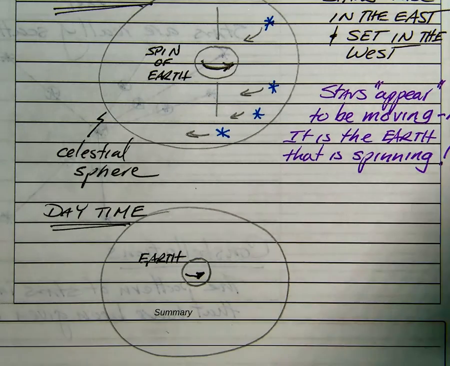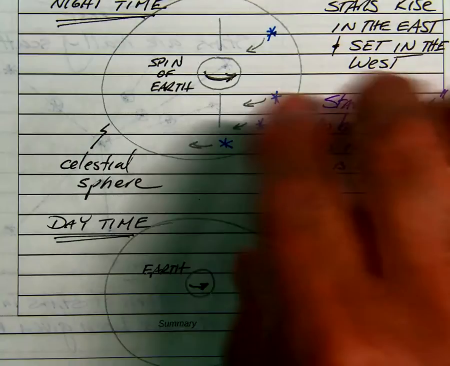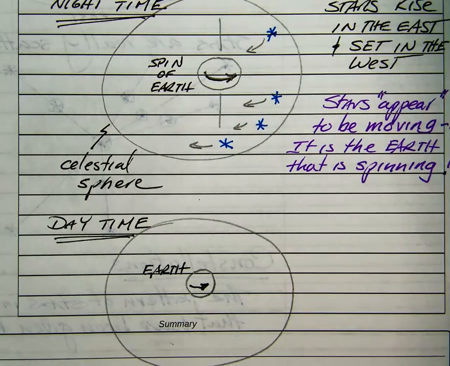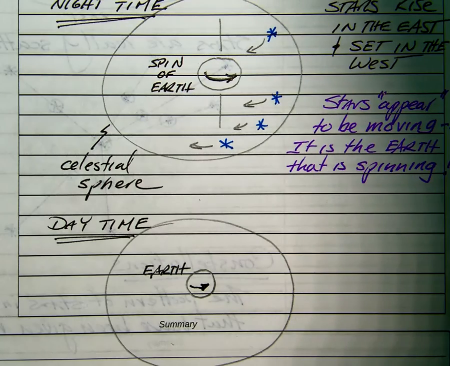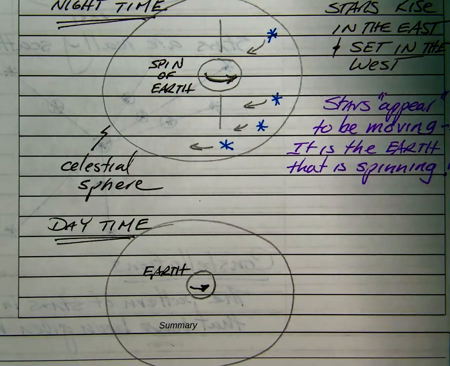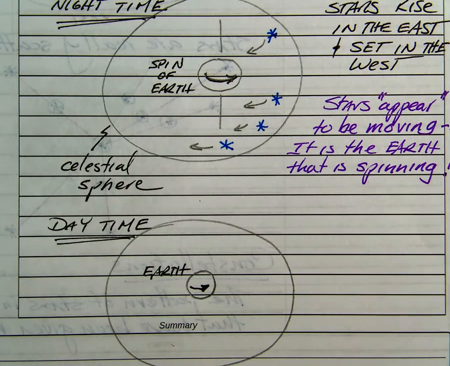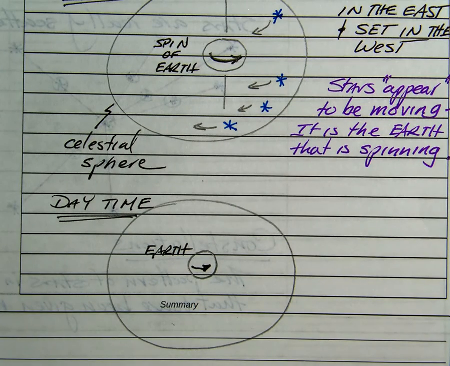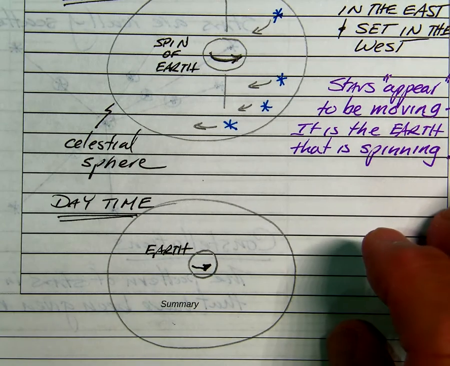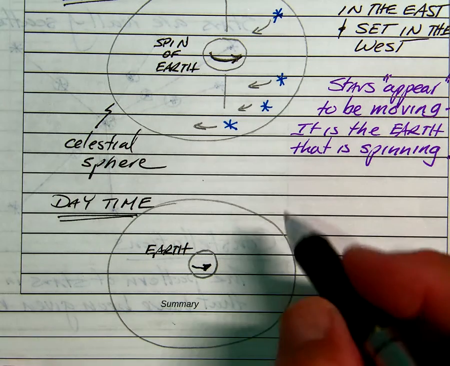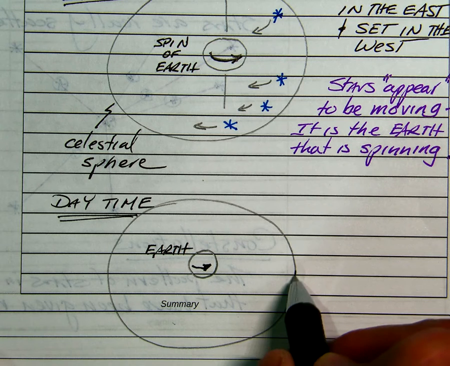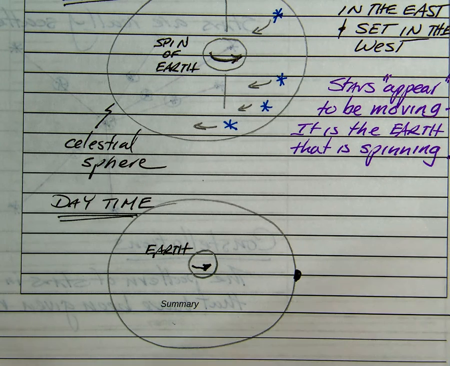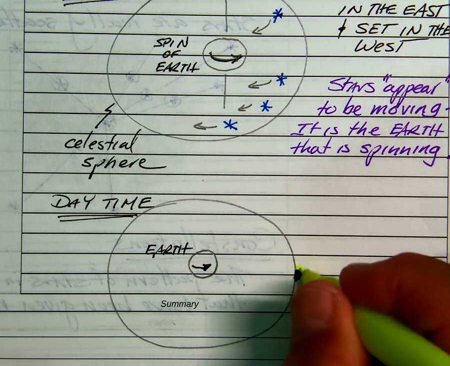Let me see if this works. Okay, daytime. What you end up with here is, I had a little bit of interruption, I apologize. You basically have the sun, right here is the sun. I'll illustrate it with a little yellow thing.